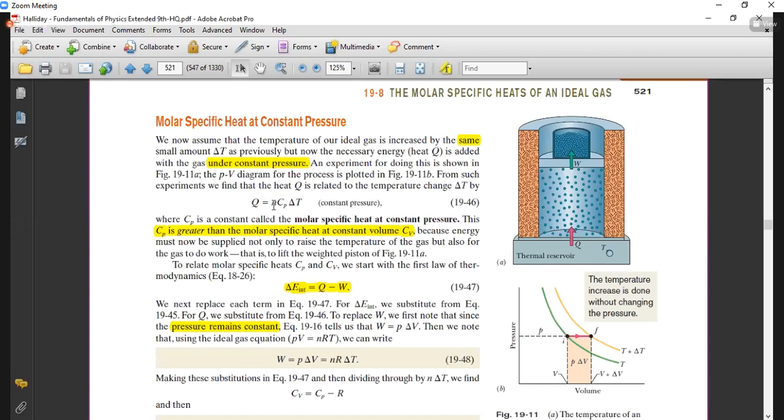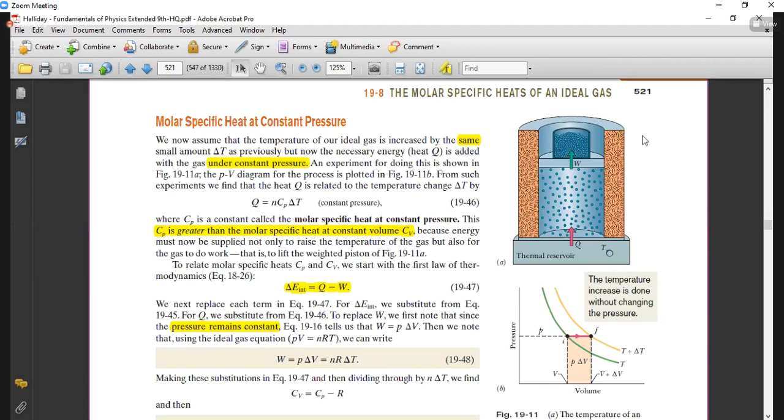You can see that it depends upon the number of moles, and the second thing is the molar specific heat at constant pressure, Cp, while delta T is the change in temperature.